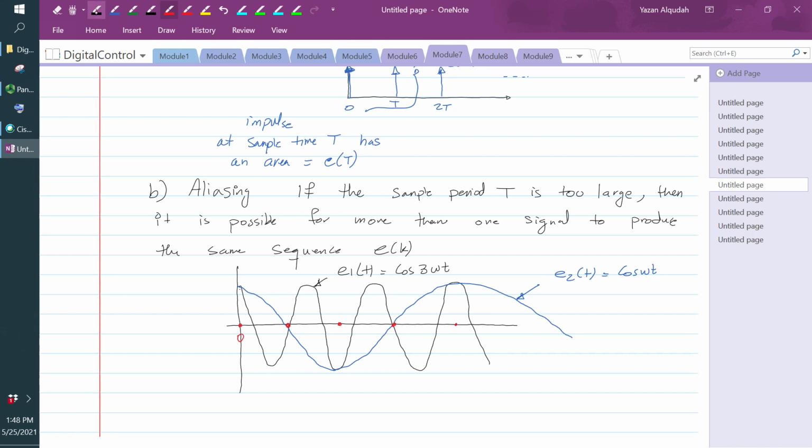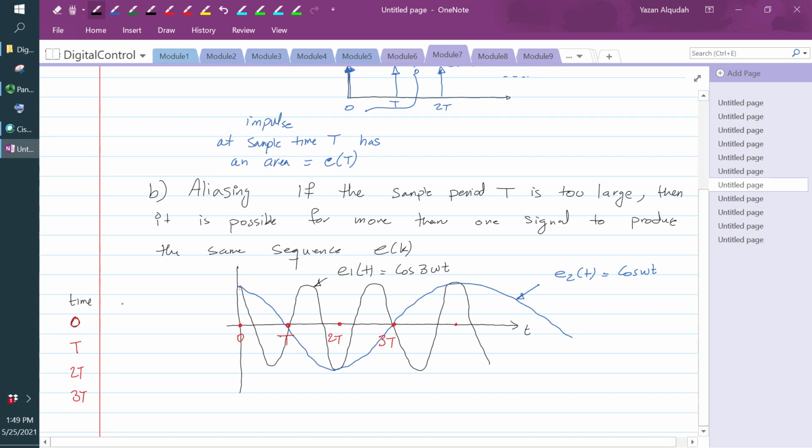If I look at the samples that I'm going to get, so this is time: 0, T seconds, 2T seconds, and 3T seconds, and so on. At 0, at T, at 2T, at 3T, I'm going to see what value I get from the first signal and what value I get from the second signal.